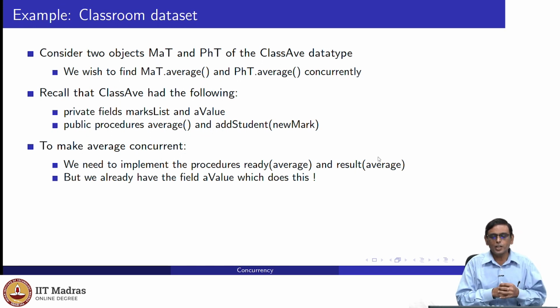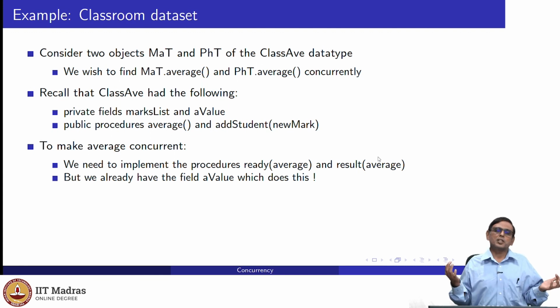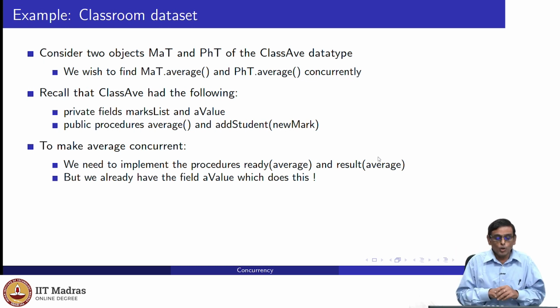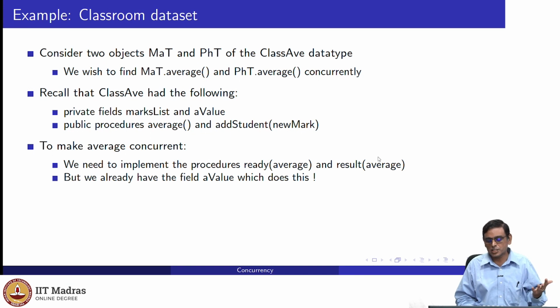So if A value is not -1, it means the average is computed, finished computing. A value has the result. So A value is already in some sense the flag for checking whether the procedure has completed its work or not. If A value is -1, it is not completed. If A value is positive, it has finished its work. So A value is already the flag that we need.